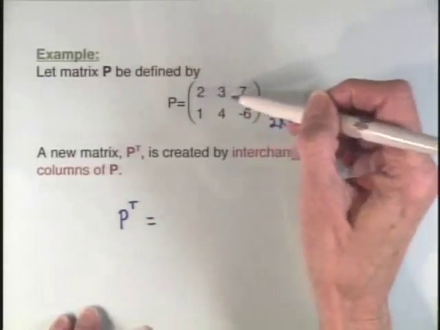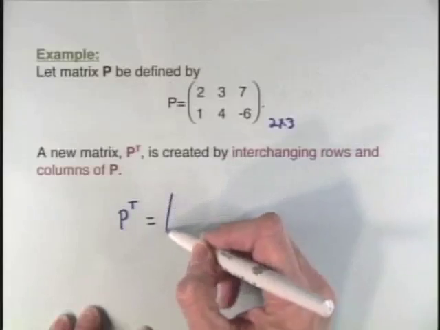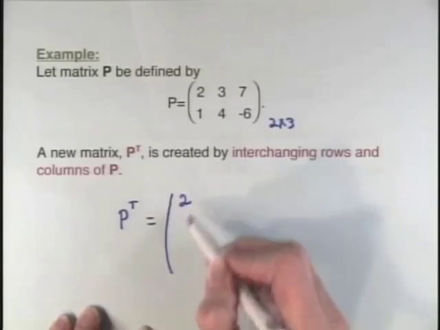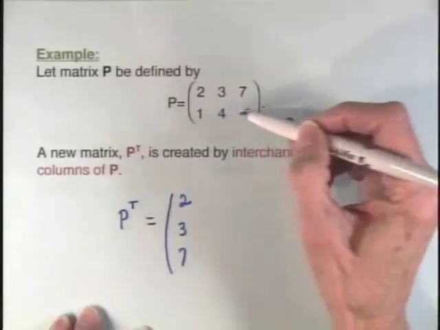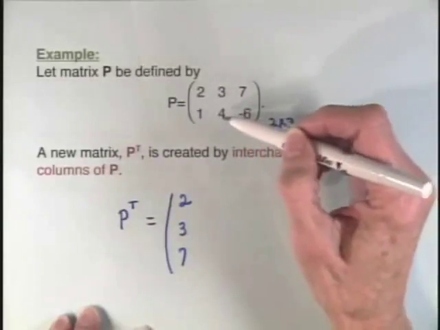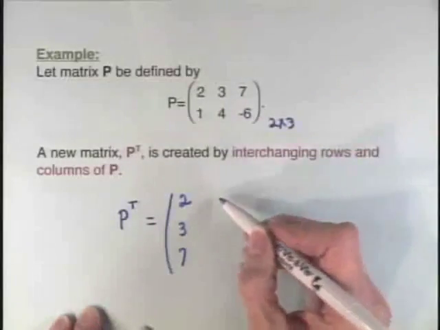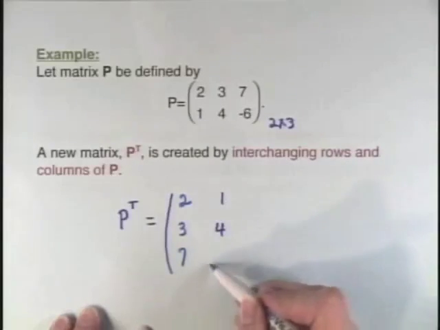The first row of P is 2, 3, 7. That becomes the first column of P transpose. The second row of P, 1, 4, -6, becomes the second column of P transpose.